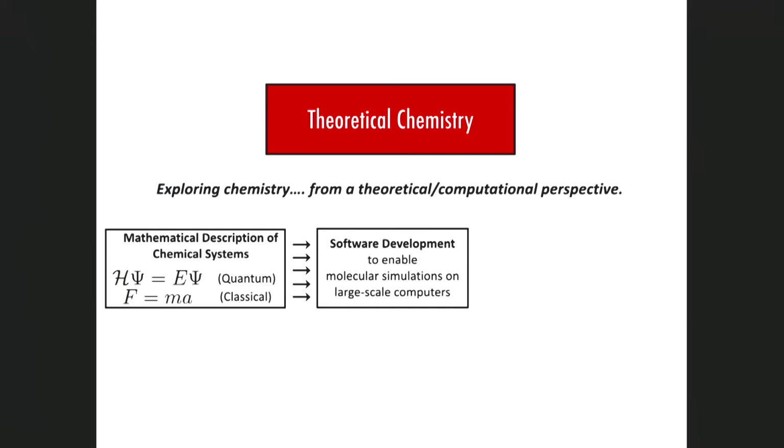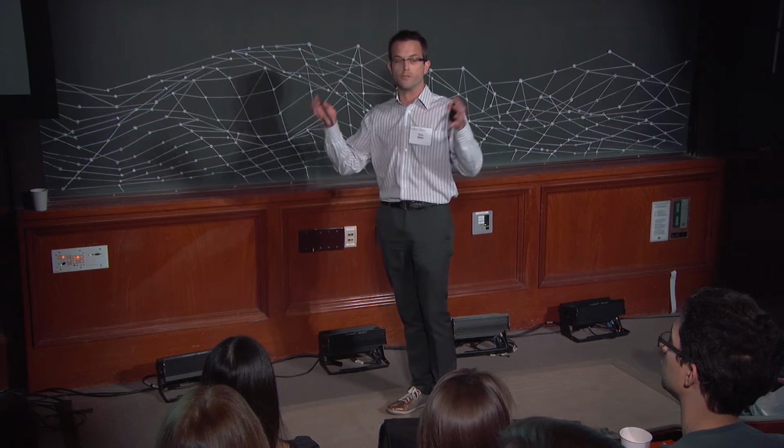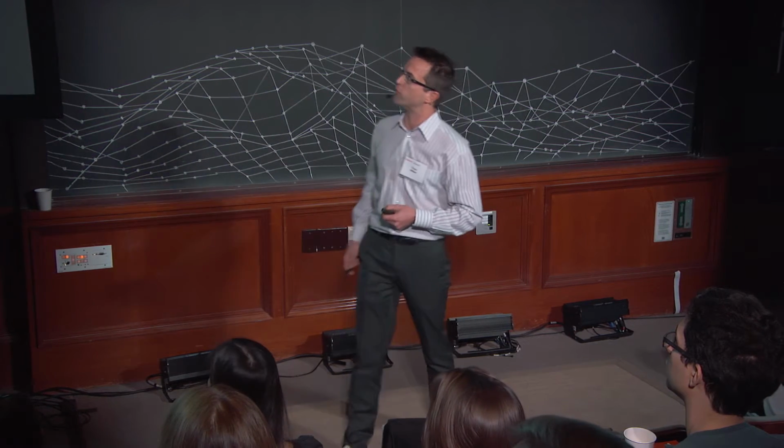This leads to not only interesting algorithm development, but it also leads to a variety of different software implementations of those algorithms. And then we use that software designed to work effectively on high-performance computers to investigate a range of different useful outputs, hopefully useful outputs. We work hard to make it as useful as possible.